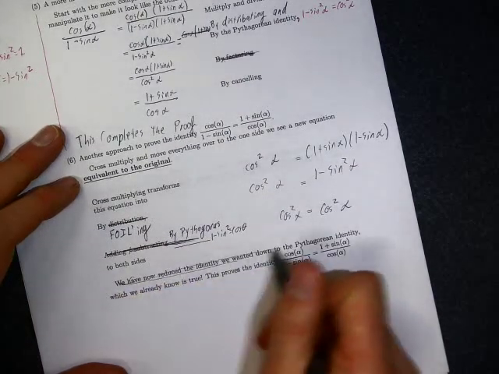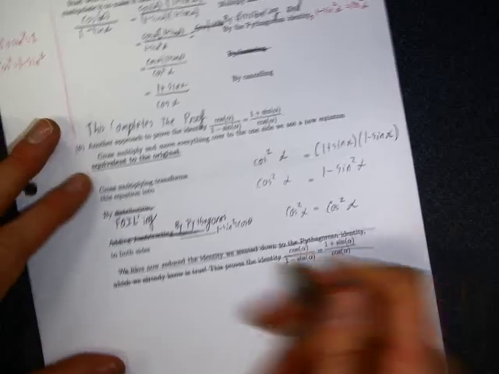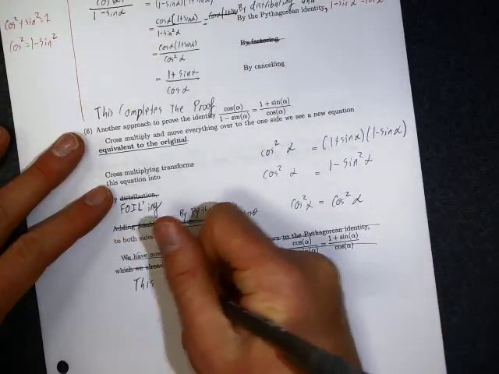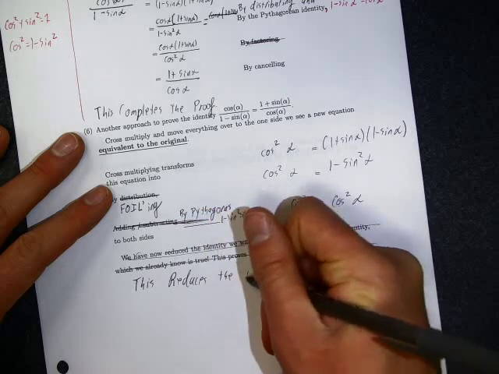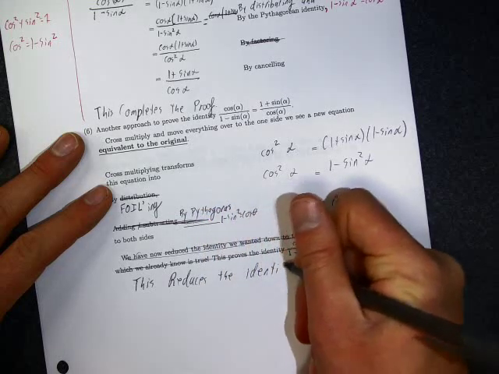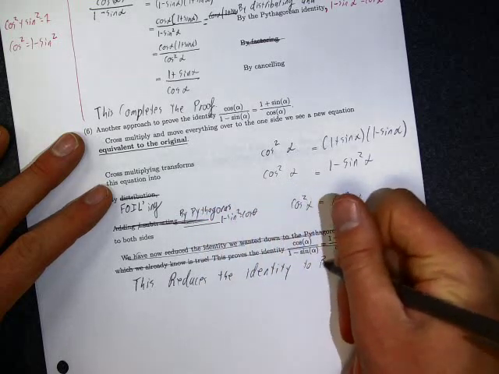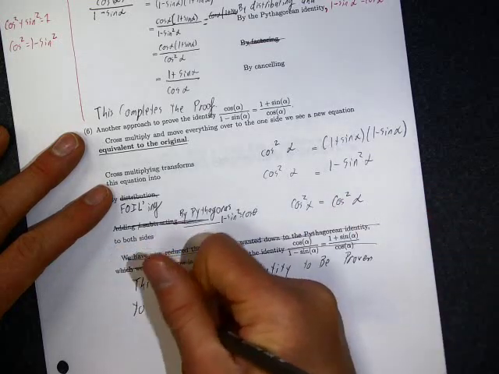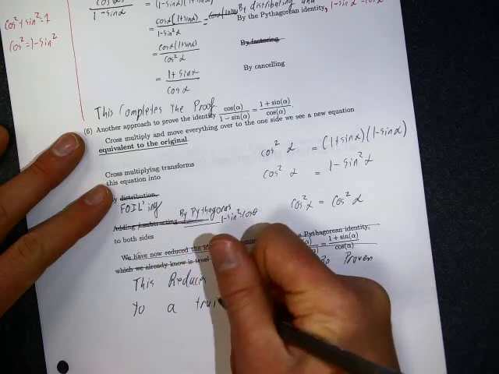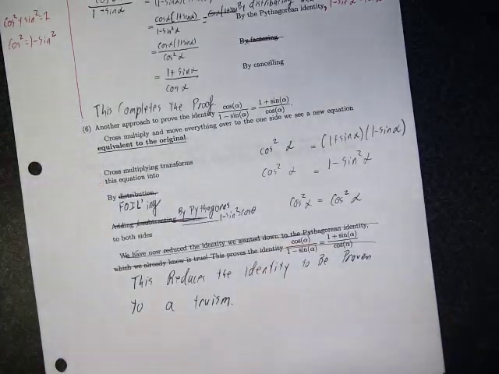So this reduces the identity to be proven to a truism, something which is obviously true.